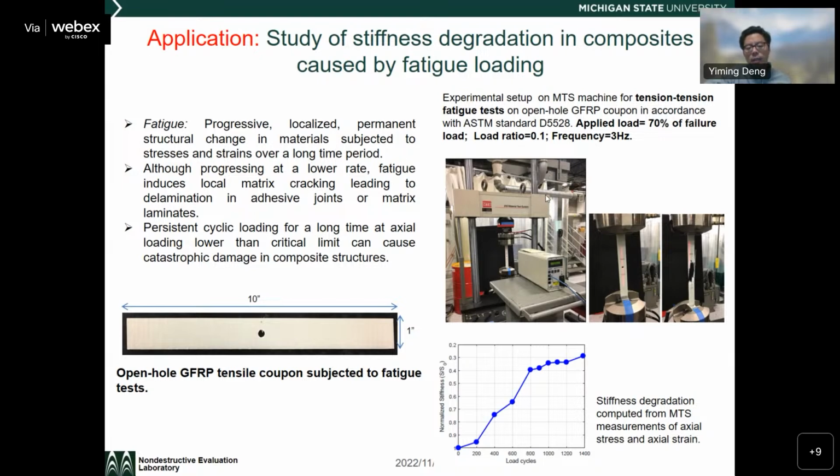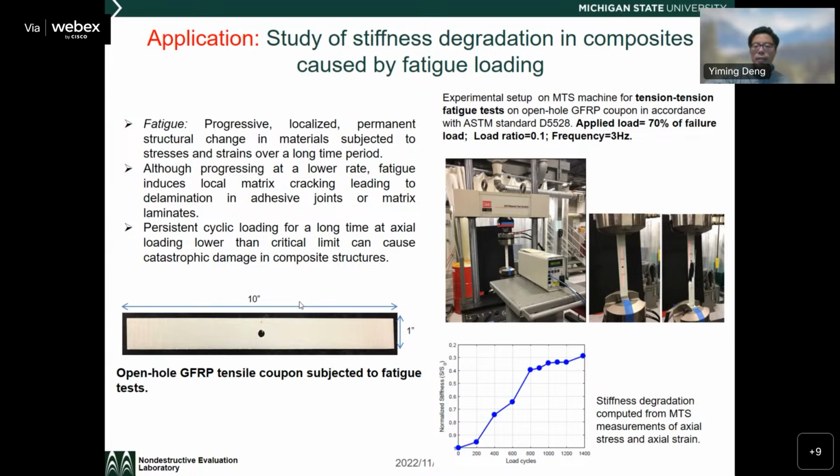Everything's done in the CVRC at MSU. And here's a picture of the experimental setup on the MTS machine for the tension fatigue test. We introduced an open hole on this GFRP coupon, so the damage will be more easily initiated. Otherwise, it would take much longer to fail this sample.